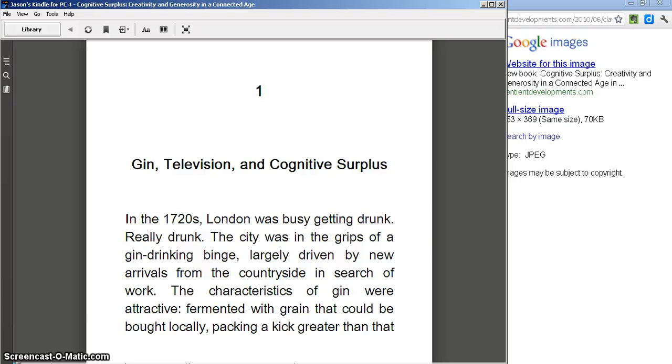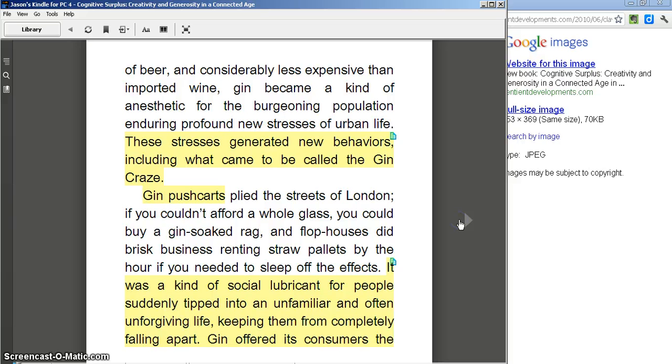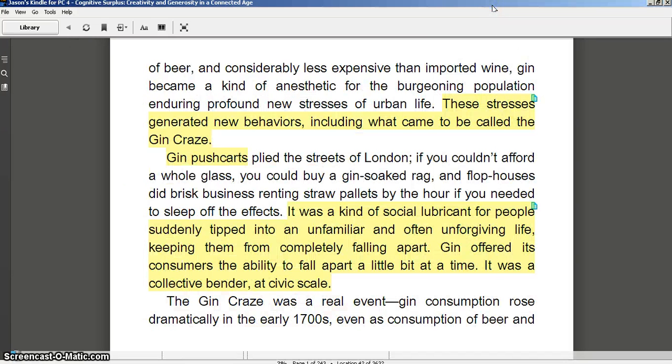Fermented with grain that could be bought locally, packing a kick greater than that of beer, and considerably less expensive than imported wine, gin became a kind of anesthetic for the burgeoning population enduring profound new stresses of urban life. These stresses generated new behaviors, including what came to be called the gin craze.